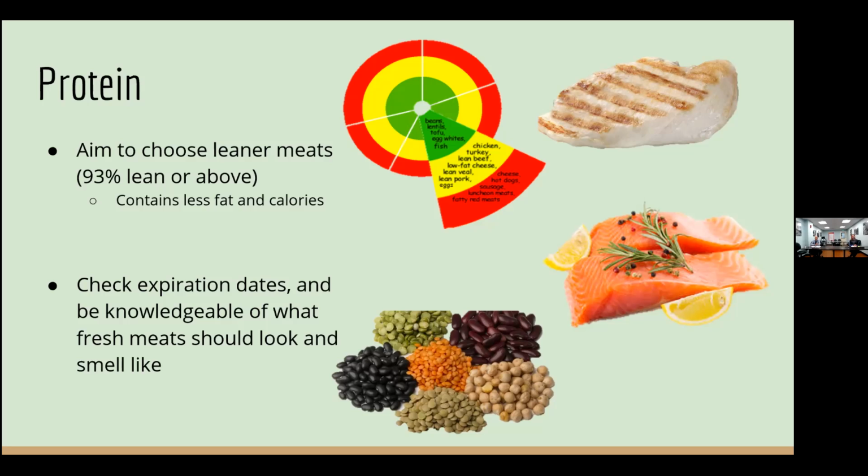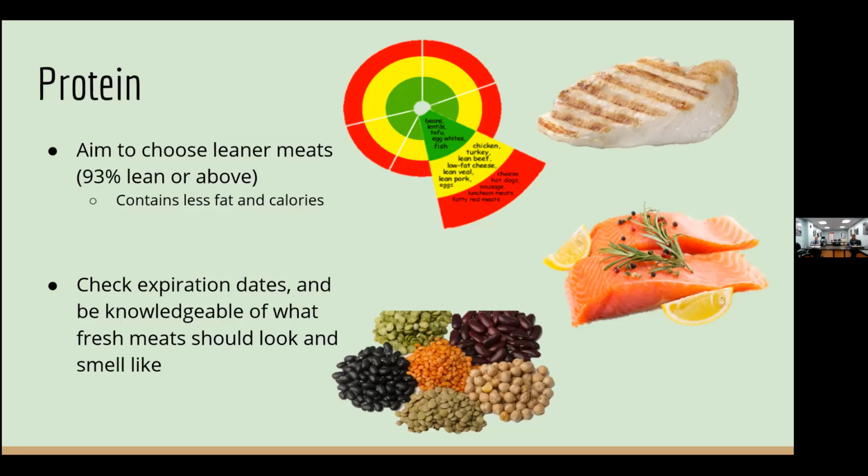So try and aim for 90 or above, because generally it's hard to find a 95 in my local supermarket. But we do recommend 93 lean or above when you're doing ground turkey or ground beef. That's generally a nice rule of thumb. When you're looking at your beef and pork, you want to look at leaner cuts: chuck, round, rump or sirloin, or even tenderloin. Pork tenderloin is a leaner cut.